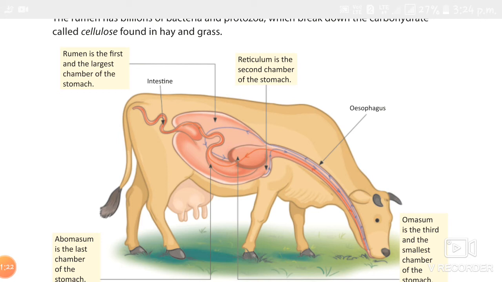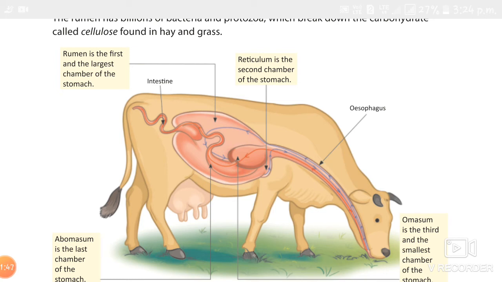This is what we studied in ruminants. Here we studied the four stages: ingestion, digestion, absorption and egestion. That is the process of digestion in ruminants.